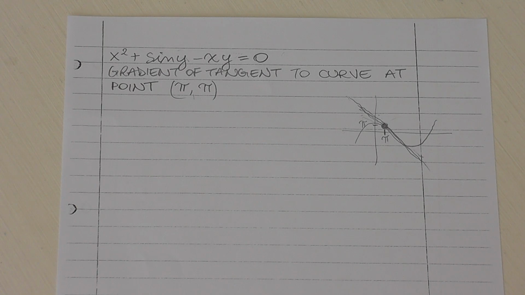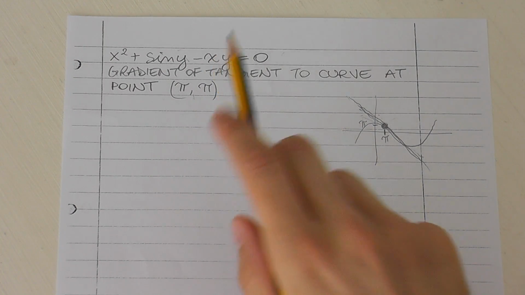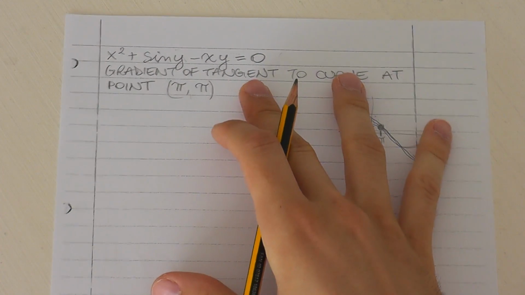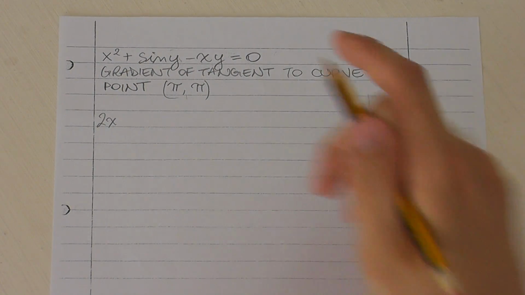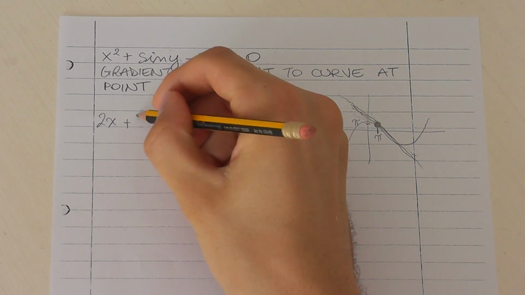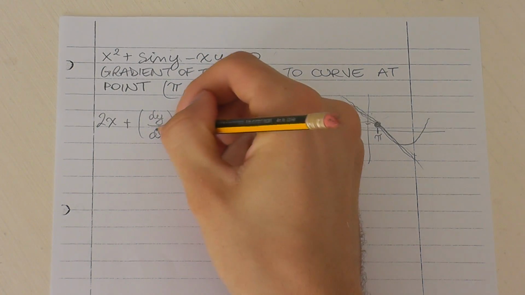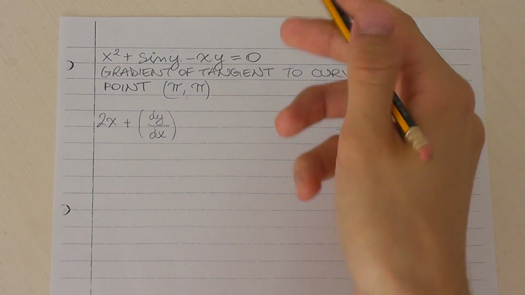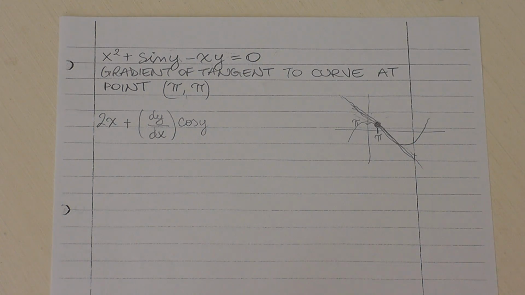So let's get to it. Let's differentiate this implicitly. X squared obviously is just 2x, and sine y is going to be dy dx, which is what you always have to put in when you use implicit differentiation and you're dealing with the y. And then simply differentiate it into cosine y, right?